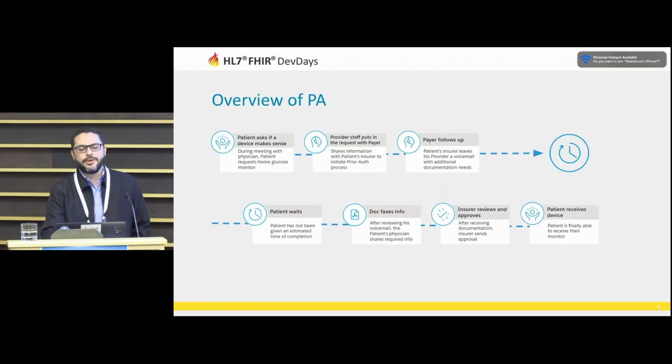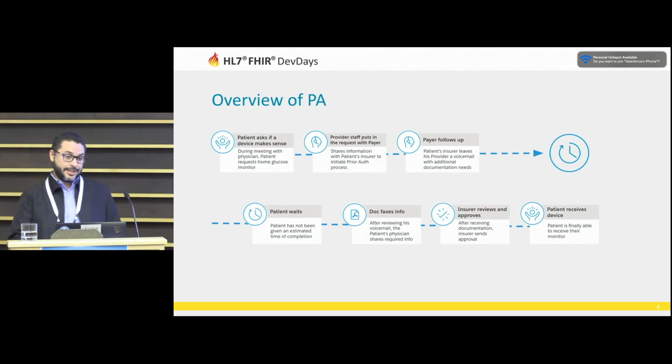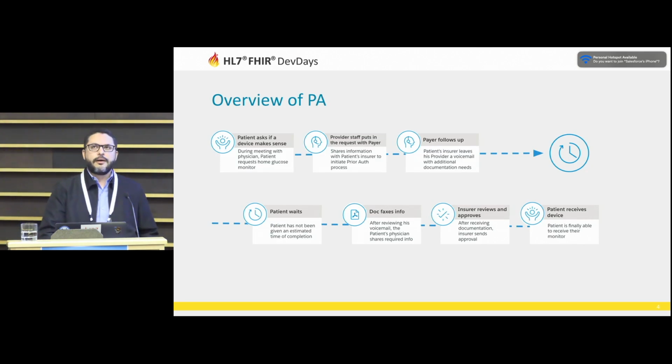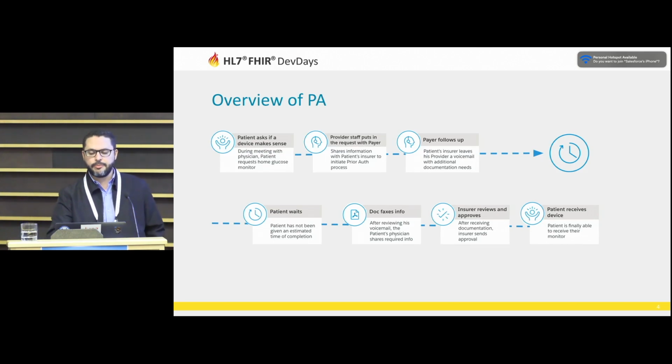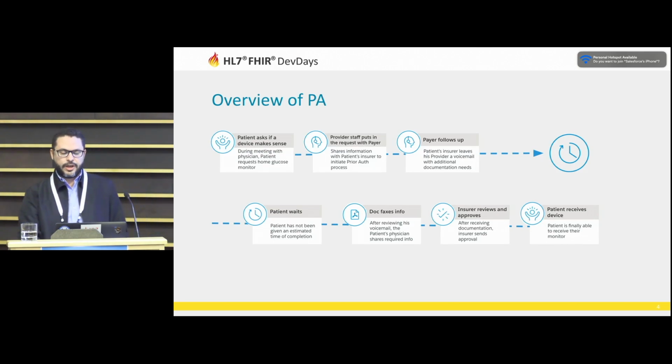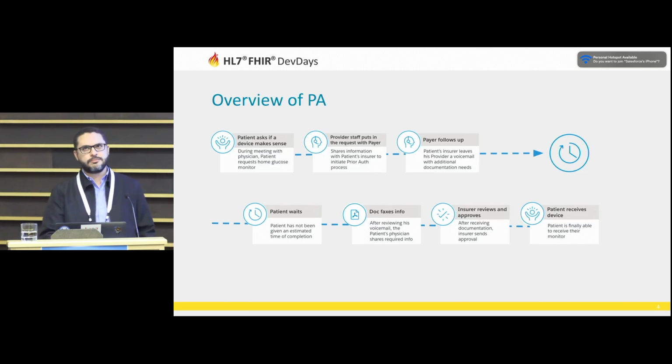The problem with the PA process, though, is that it has its challenges too, right? I don't think I need to go into too much detail in this slide, but the key takeaway here is that prior authorization is many times a very painful process, literally sometimes, right? It's often not a real-time process, which further extends the wait for the patient to get what they need, whether it's a medication or a device that's going to help the patient feel better.